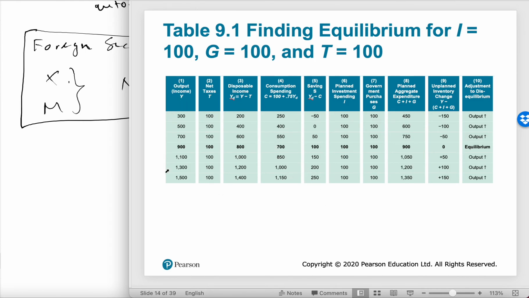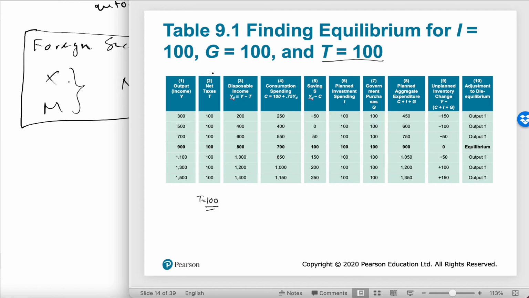The first column is the income level or aggregate output. The second column is the tax, so we can say how much the disposable income is. So 300 minus 100 is 200, and 1,500 minus 100. Pay attention that T is considered a fixed amount. T is equal to $100 million.